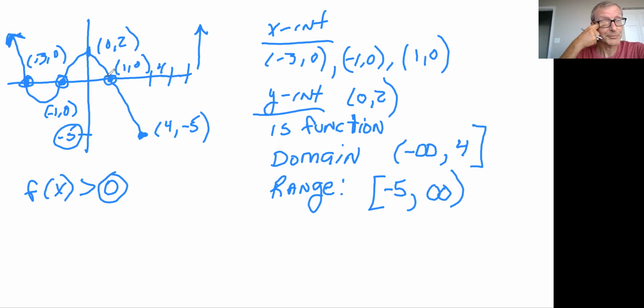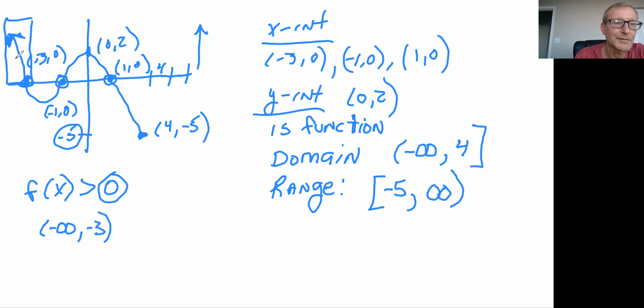So the best way I like to do this is to kind of split it up into the different sections. And so this first section here is above the x-axis. So that would be from -infinity all the way until we get to x equals -3.